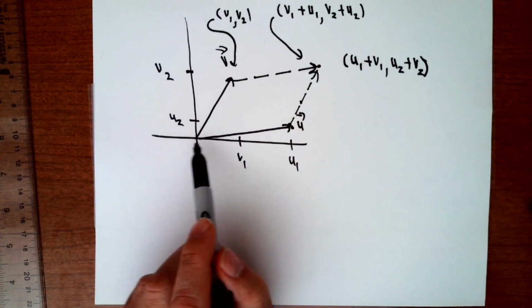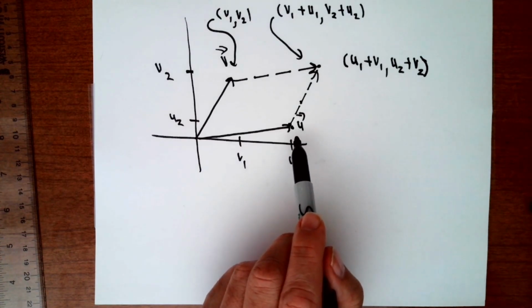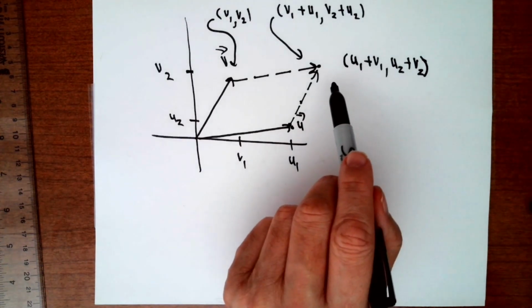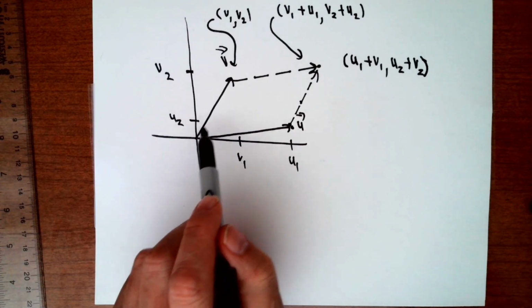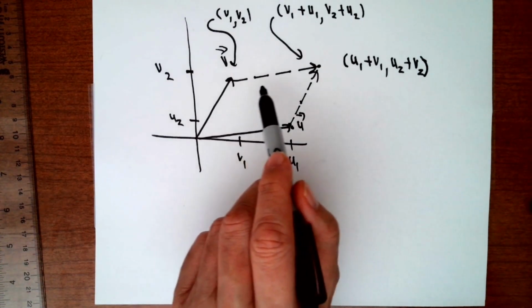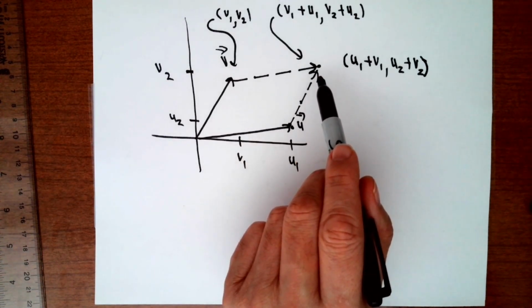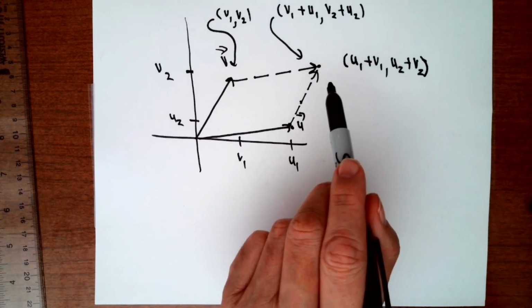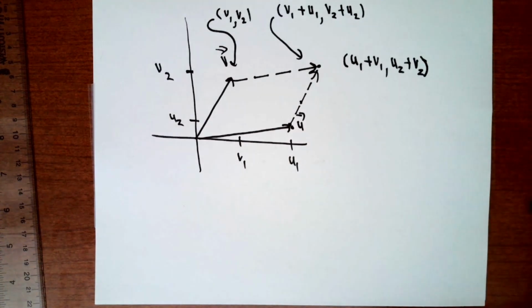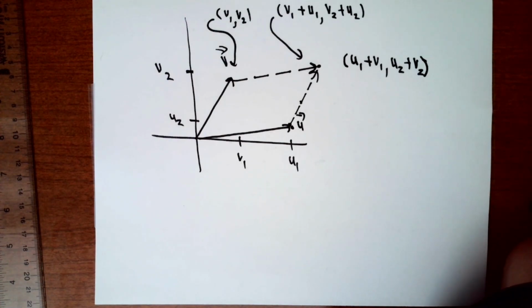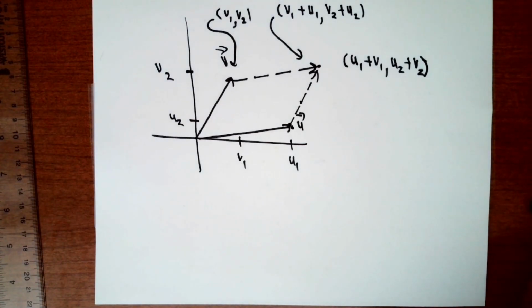If I travel out along u, then travel along a clone of v, or travel out along v, and then travel out along a clone of u, I end up at the same place. The coordinates are the sums of the components of the two vectors individually.